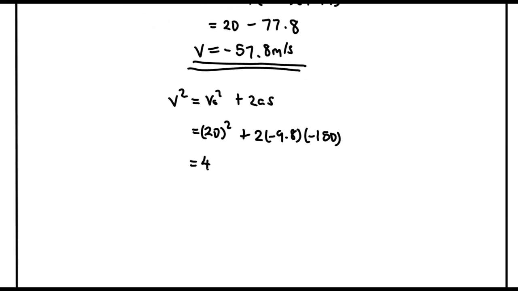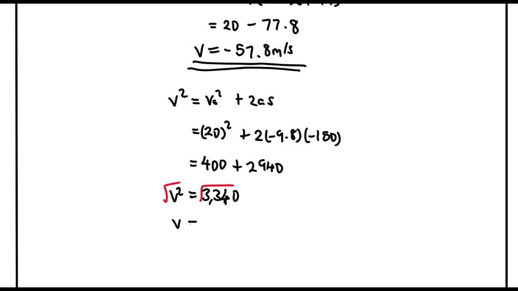So this will give us 400 plus 2940. This becomes 3340. Now this is v squared is equal to this, so we take the square root on both sides.